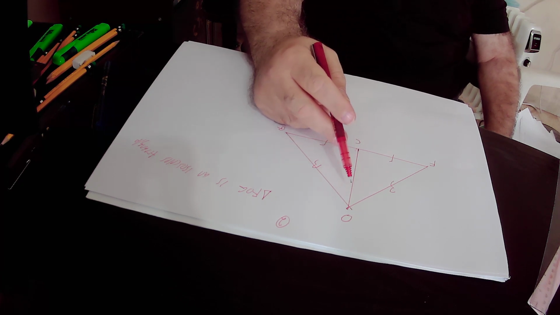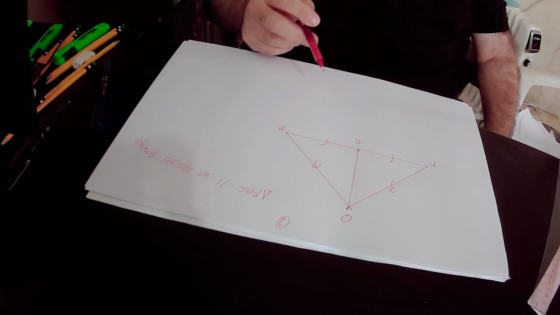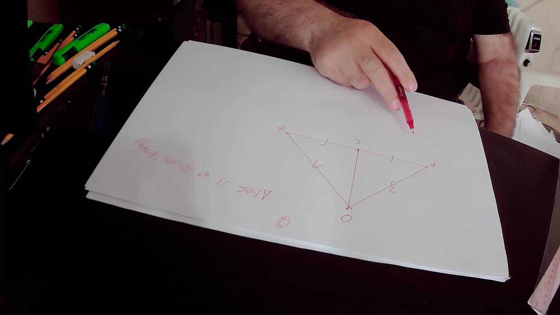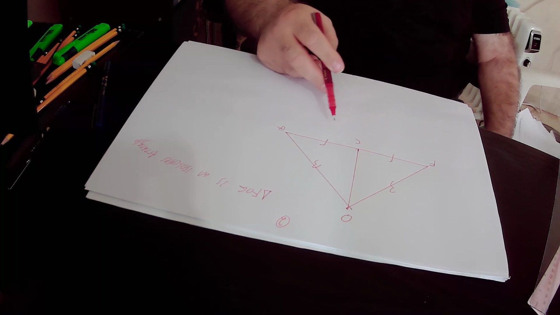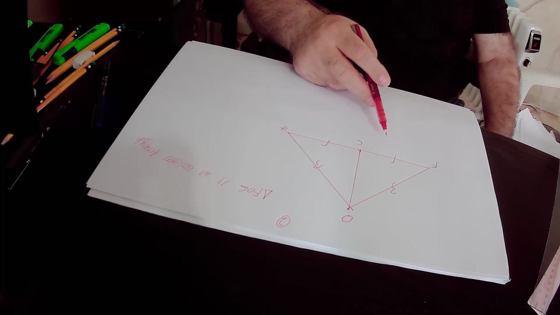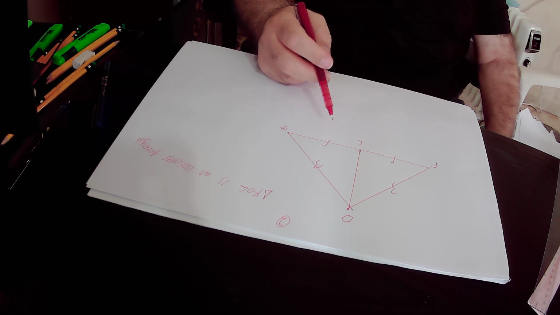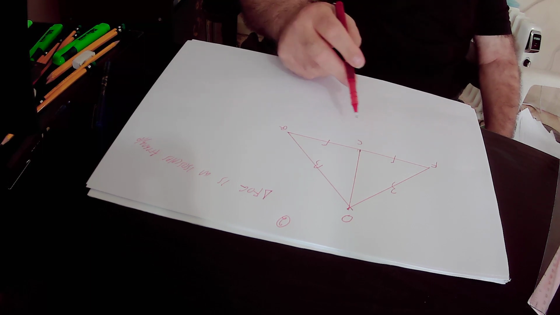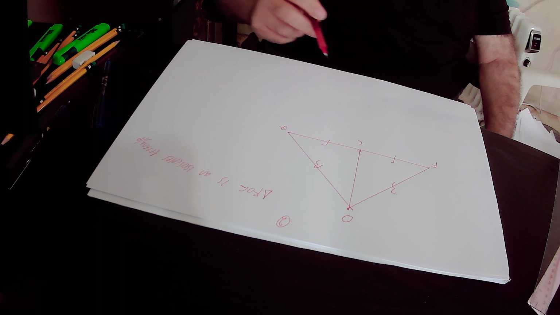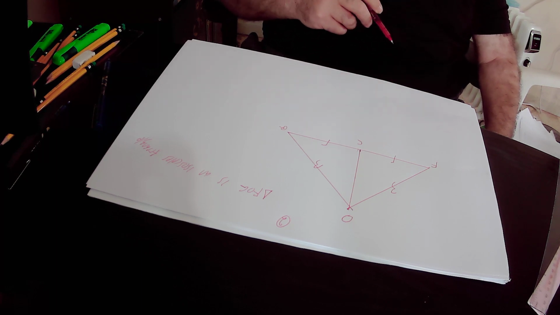OC is the median to the base. Why is OC the median to the base? Because it bisects the base into two equal parts. FC equals CG equals r. It is the radius of the semicircle.